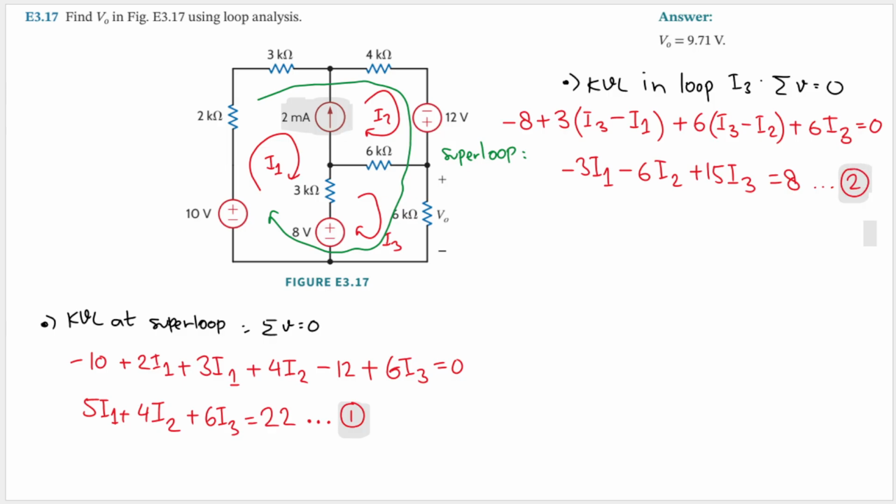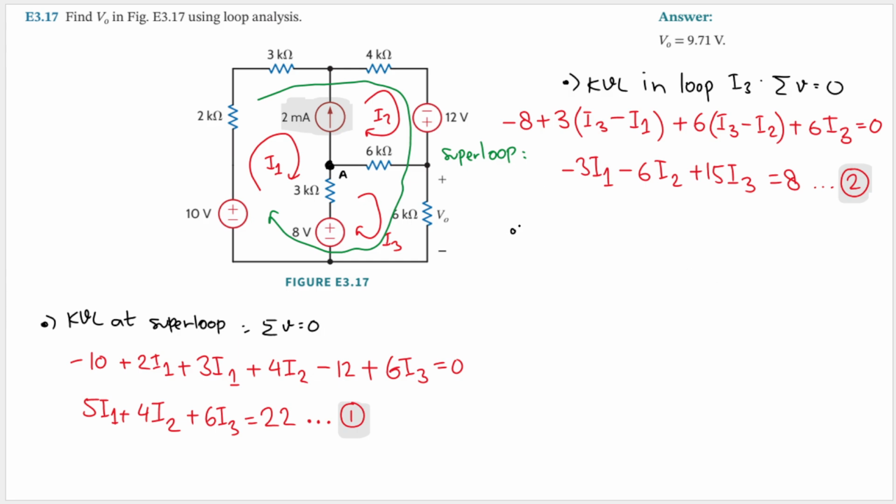But we have 3 variables. We need one more equation, right? And how do we do that? Let's use another method, which is KCL. Let's name this node here as A, and let's see what we can get from there.